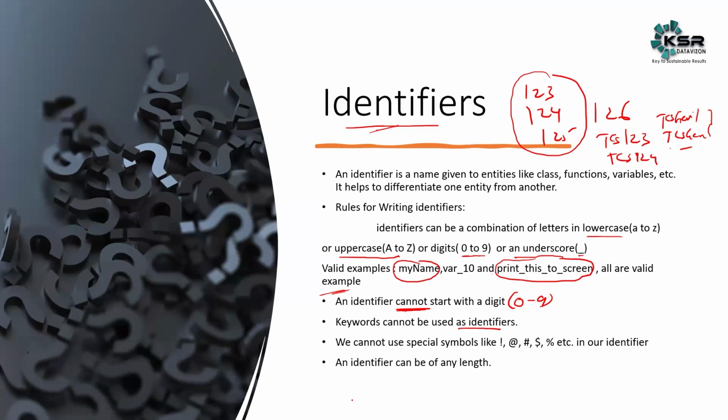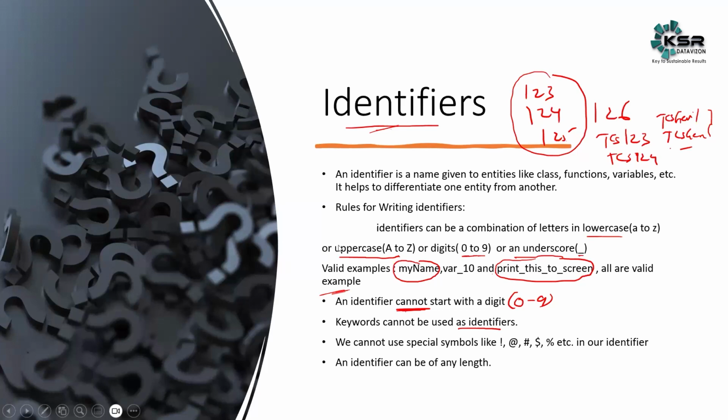Now read it. Do let me know if anything is not clear, anything is not understood. Then I'll explain again. I'll give 1 minute of time. If anything is not clear, kindly let me know. I can explain, because at the end of the day, you should remember all these things, because we are going to create identifiers, variable names, and function names. Whether you create a function or a variable name, the rules should be the same.